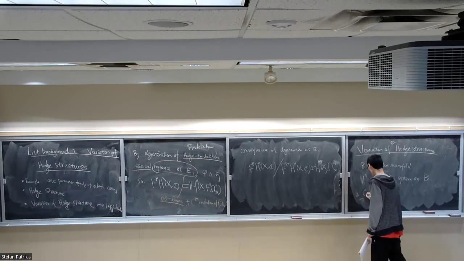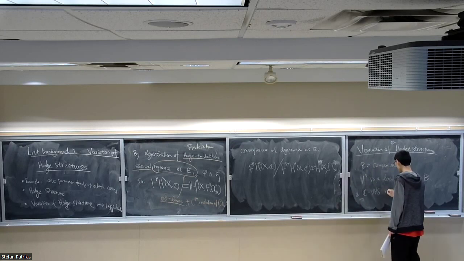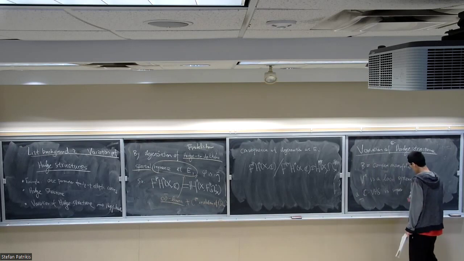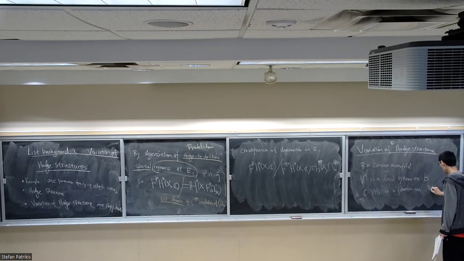So a complex variation of Hodge structure is a filtration on the complexification of this local system.